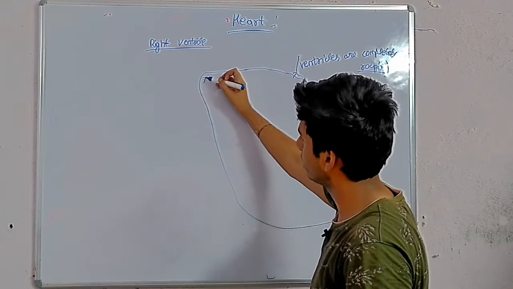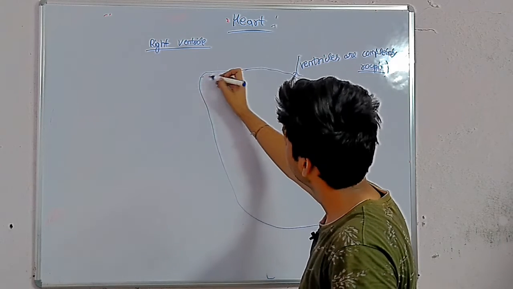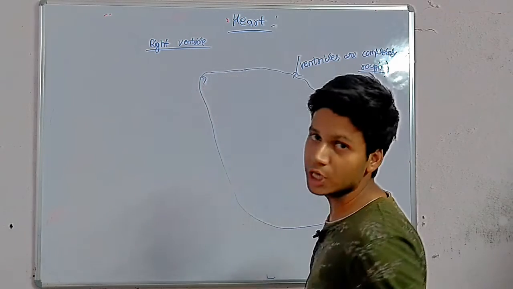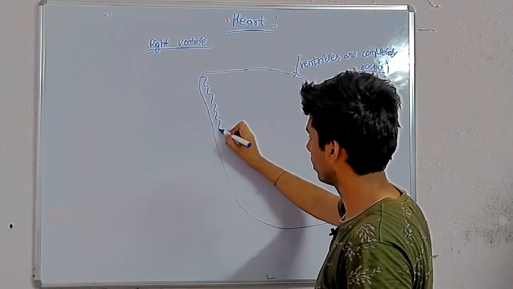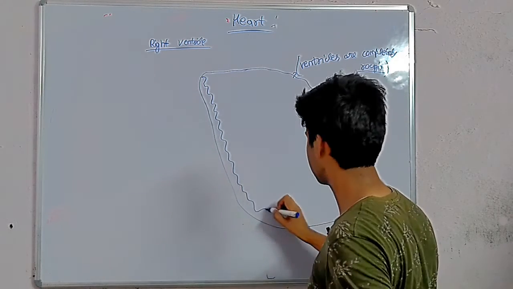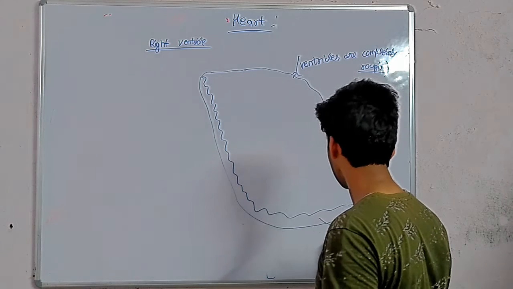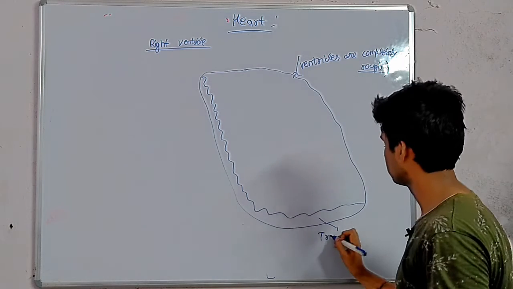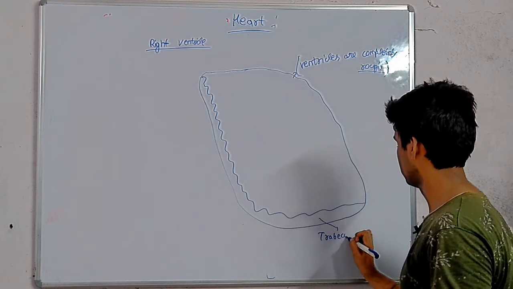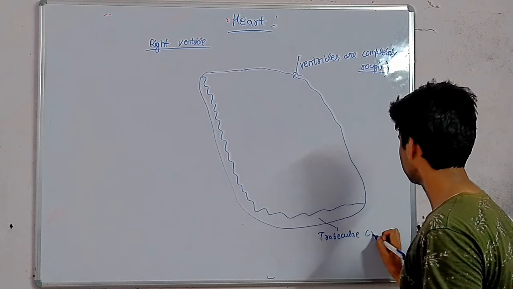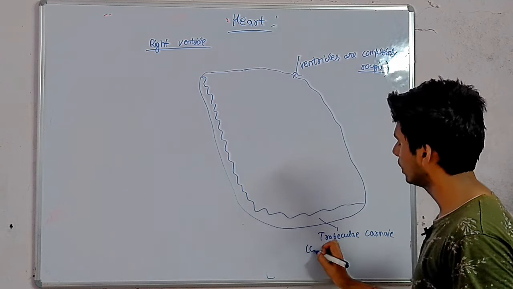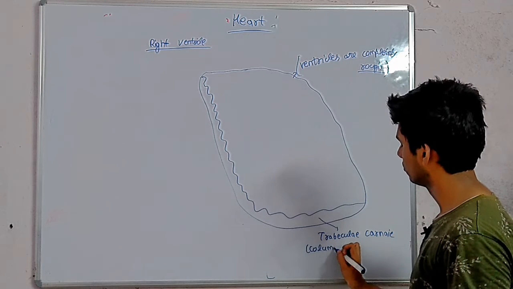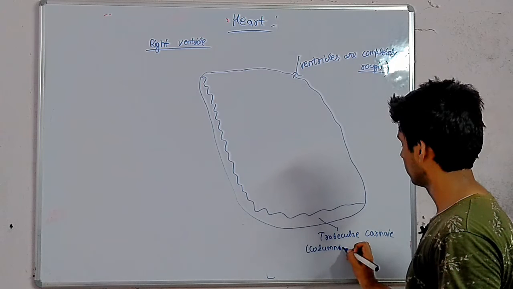We know there is high blood pressure here, and some projections also form. These thick muscles are called trabeculae carneae, or columnae carneae.